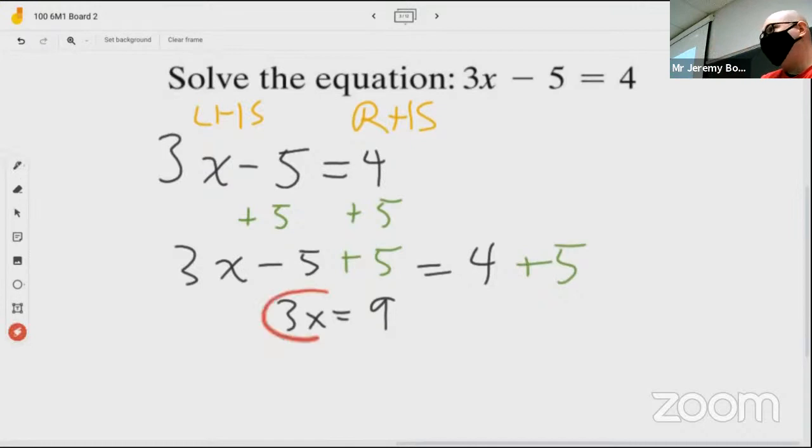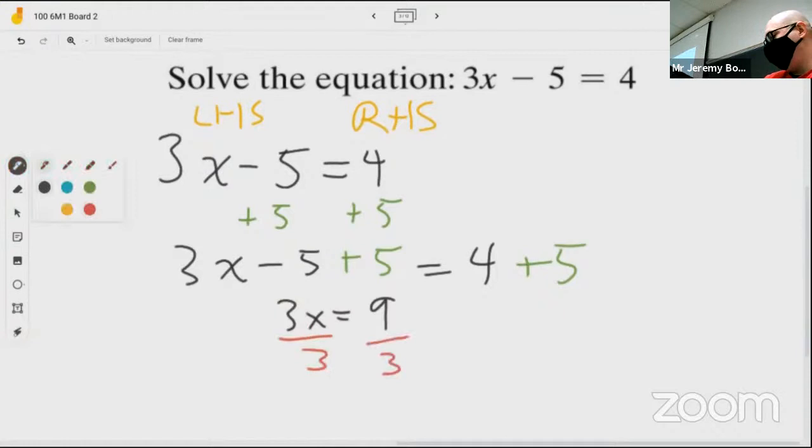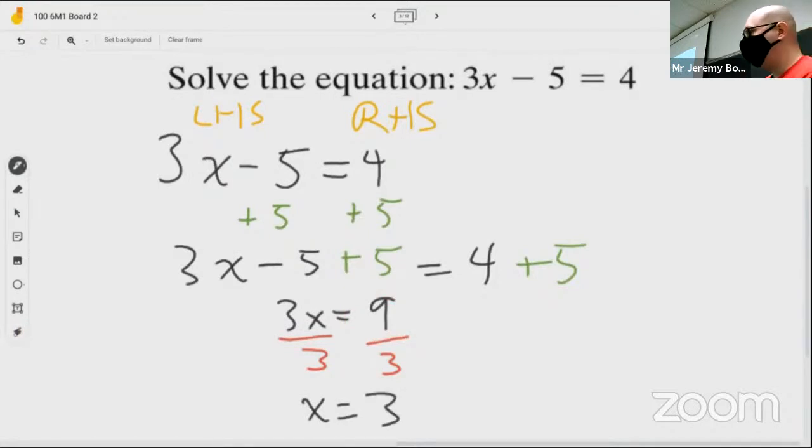This is a multiplication happening here. So if I want to move that 3, what do I need to do? Divide. So I'm going to divide both sides. Whatever I do to one side, I need to do the other side to keep that equal relationship. 3 divided by 3 reduces. Just left with x is equal to 9 divided by 3 is 3.